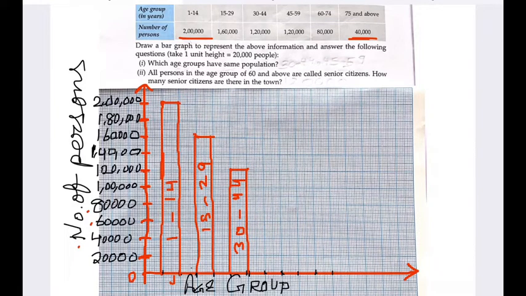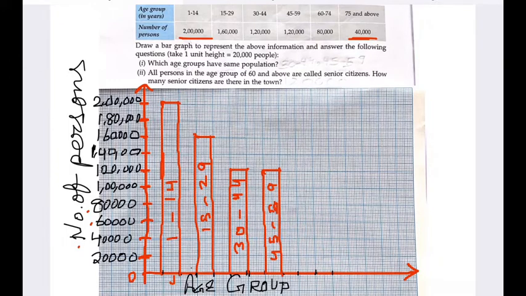Next is your 45 to 59, which is again 1,20,000. So same line will be repeated. Heights. This is for 45 to 59. Fine, 59. This is 59.